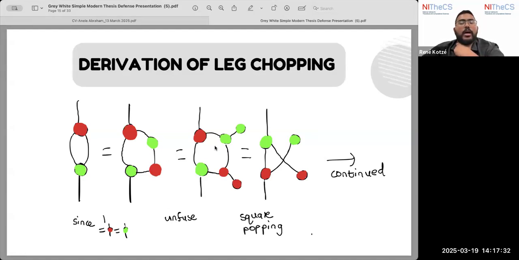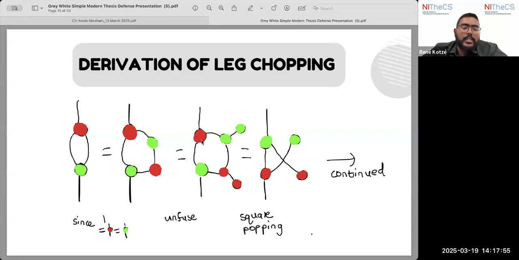So all we've done is introduced identity here, or indicated identity here. From here, we can unfuse spiders. So to this green spider, I add a new green spider connected to it, and the same for the red spider. And we see that this third diagram here is equal to the second one if we fuse these. So what I'm doing here is the opposite of fusing, so unfusing.